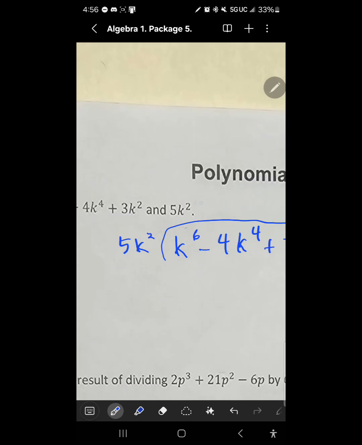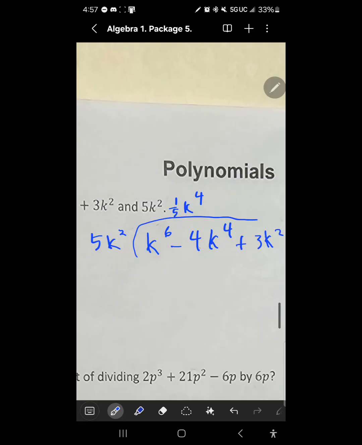Now 1 divided by 5 is 1 over 5. k^6 divided by k^2 is k^4. So when we multiply this, we get k^6, and we always add a negative sign at the front, so 0. Now you have negative 4k^4.